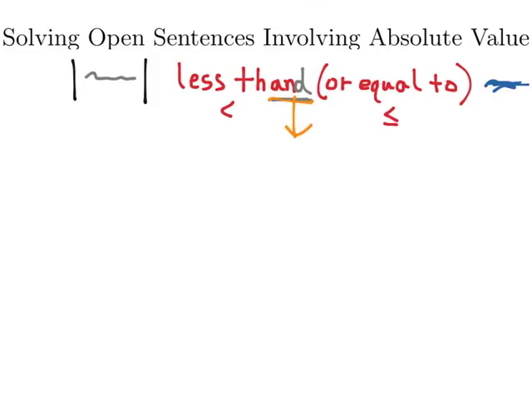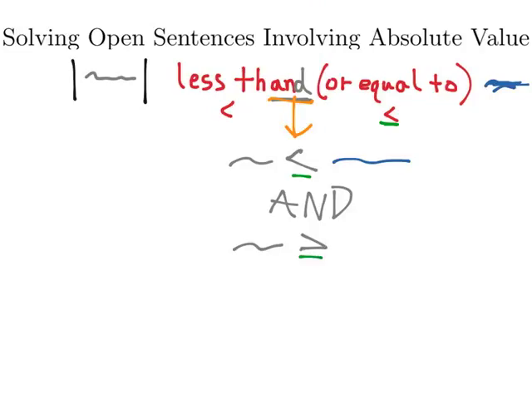So, from here, you can say that what's inside the absolute value on the left could either be less than, or depending on the problem, less than or equal to, the stuff on the right, and this stuff is greater than or equal to, depending on what the problem says, negative the stuff on the right.